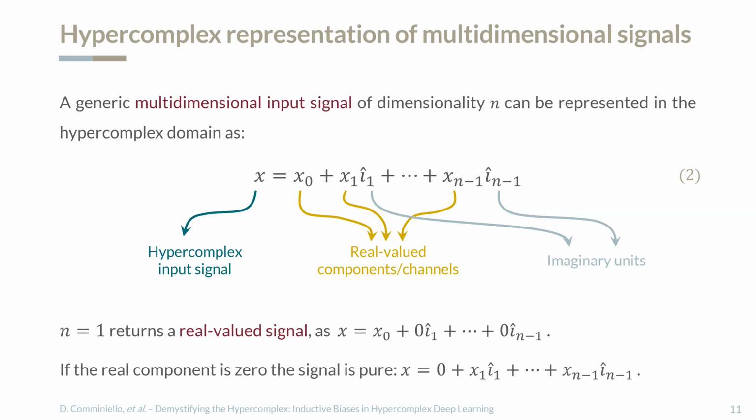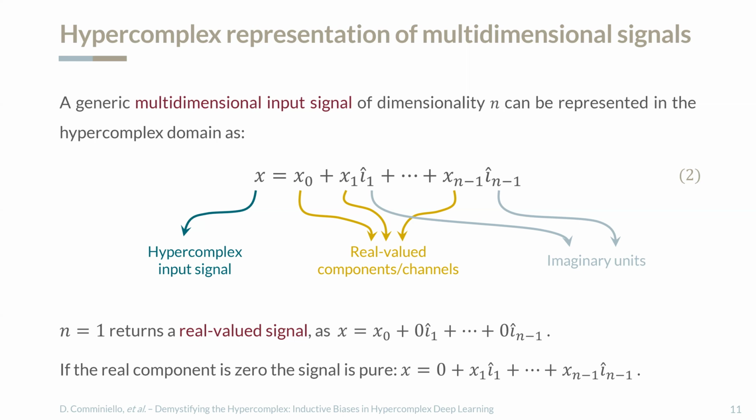So actually, we can represent a multidimensional signal. When I talk about a multidimensional signal, you can think of multi-channel or multi-view data, anything which is composed of different channels or dimensionality. So not just a one-dimensional signal, but even a composition of signals. Imagine that you have a multidimensional input signal.